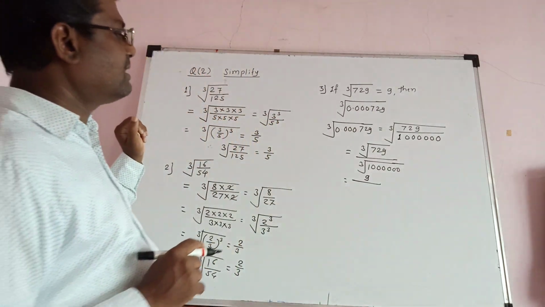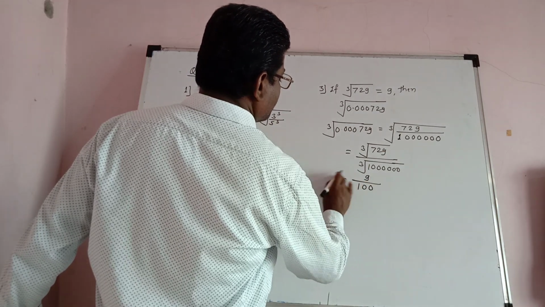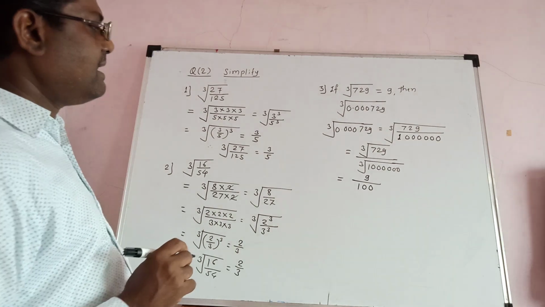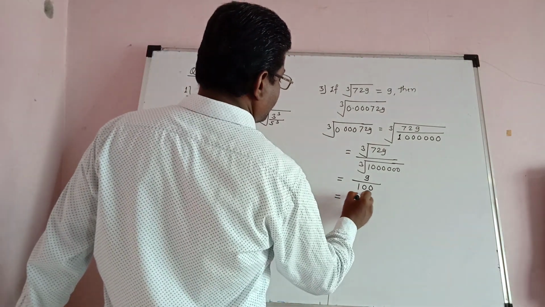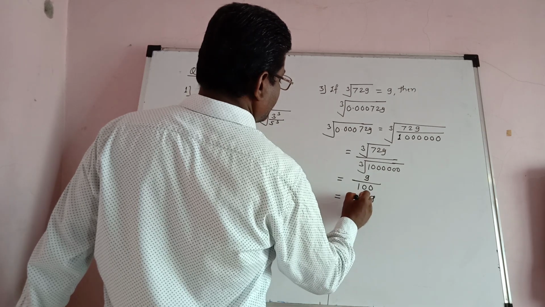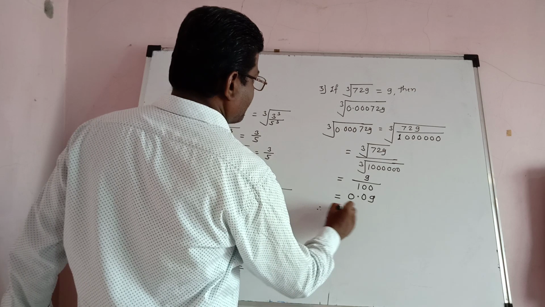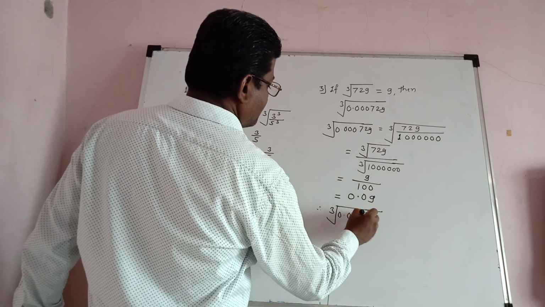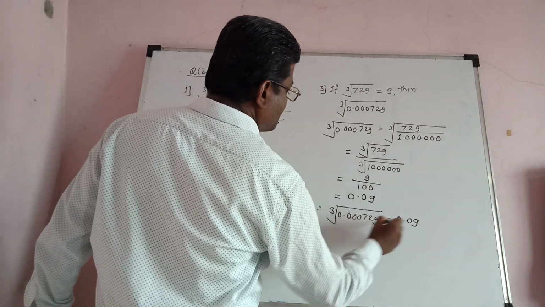So while taking a cube root we take 2 zeros on 1. Therefore it will be 9 upon 100, and this 9 upon 100 can be written as 0.09. Therefore cube root of 0.000729 is equal to 0.09.